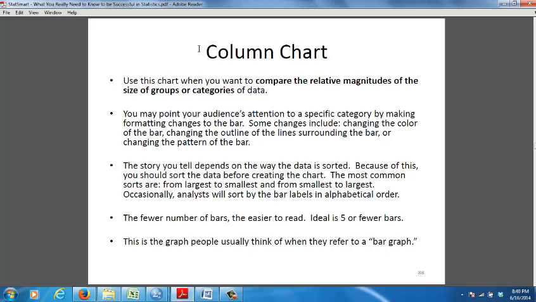It's also easiest if you put the bars in some kind of order. Most commonly, it will be from highest to lowest. Sometimes you see them in alphabetical order, but my preference would be highest to lowest or lowest to highest, so that the audience can interpret what it is you're trying to tell them.